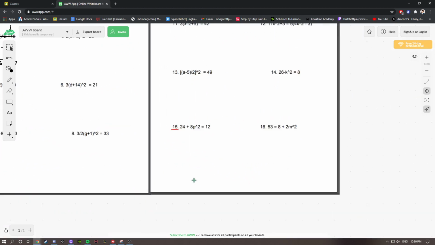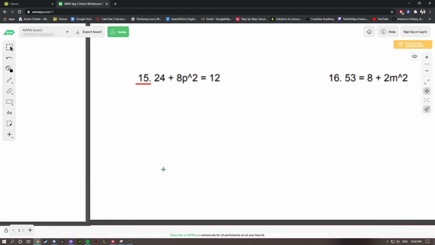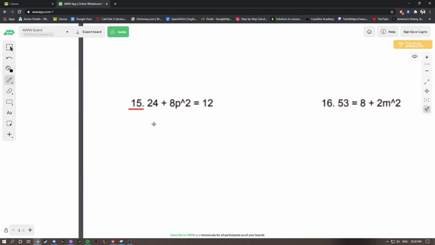And lastly, we're going to be doing number 15 on the 4th page, and this is 24 plus 8p squared equals 12. Whenever we solve for a variable, we want to get it on its own as much as we can. So in this case we subtract 24 on both sides.